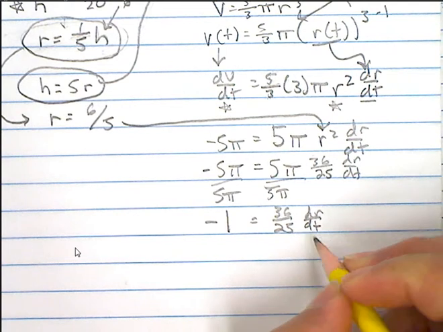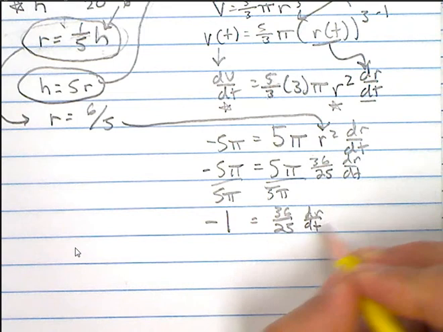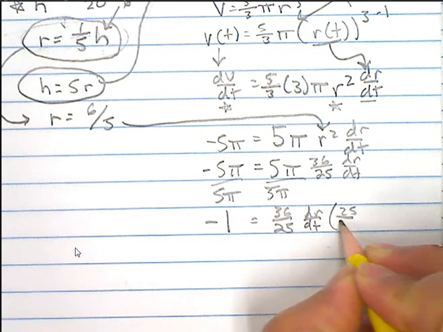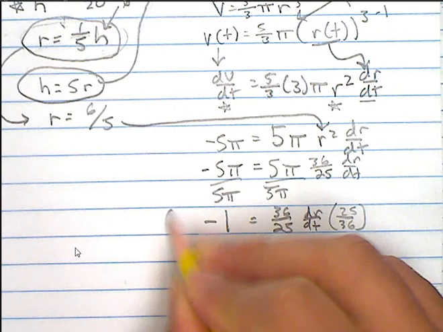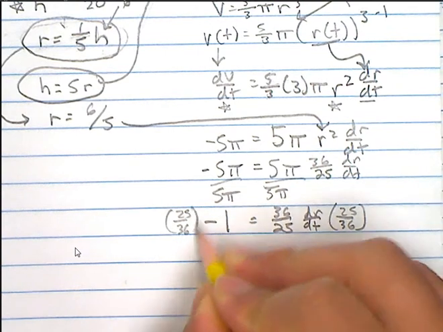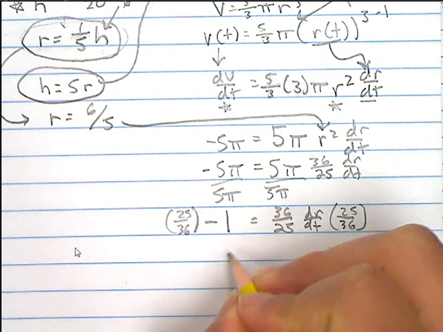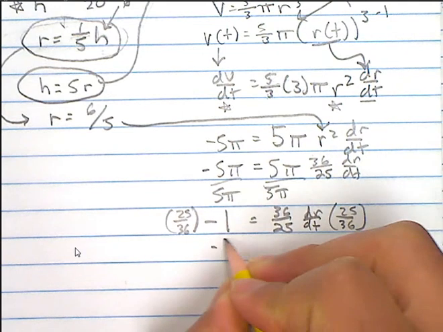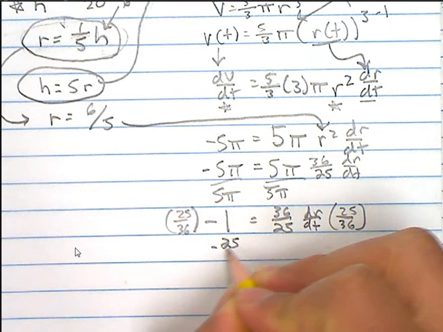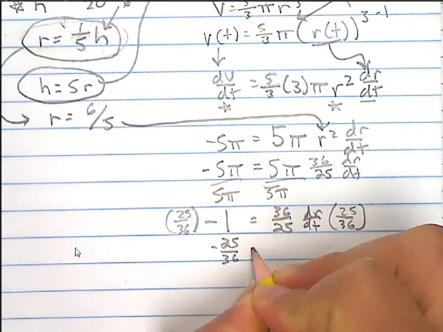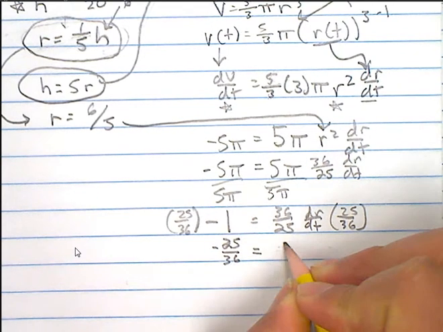Okay, so now I multiply both sides by the reciprocal, 25 over 36. So I have negative 25 over 36 equals dr dt.